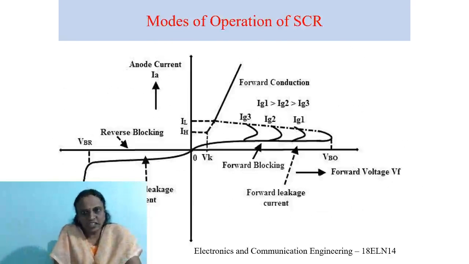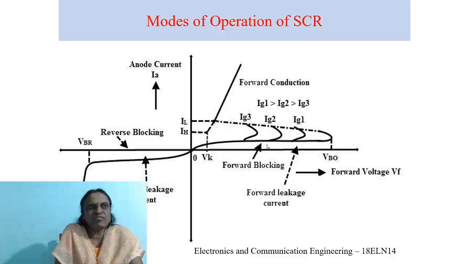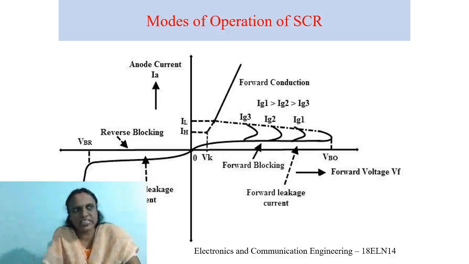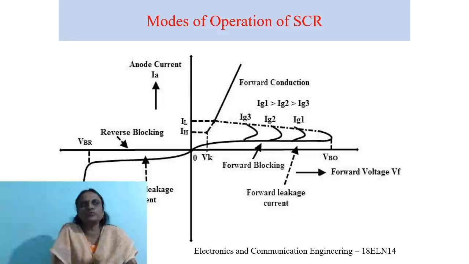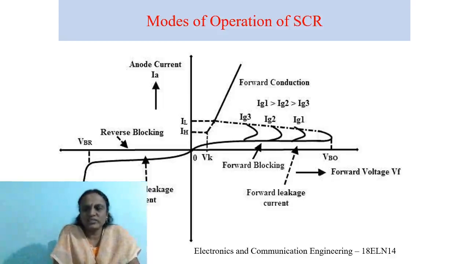This happens only in the forward blocking mode. I repeat, in the forward blocking mode, the SCR or the silicon controlled rectifier is connected such that the anode is positive with respect to the cathode, while keeping the gate open. Gate terminal, if it is open, then no current will flow.